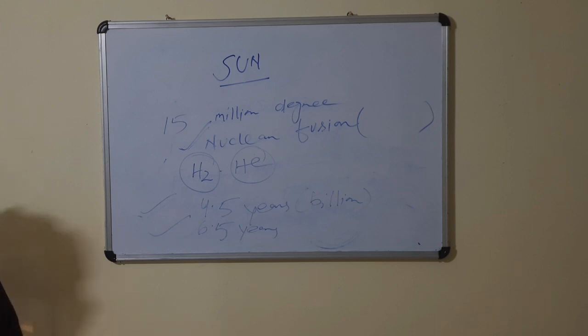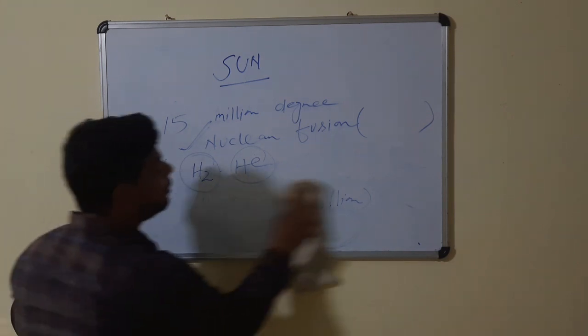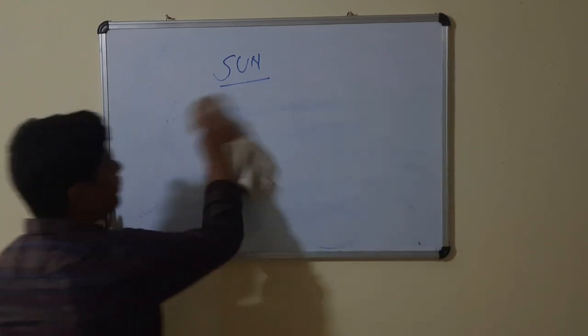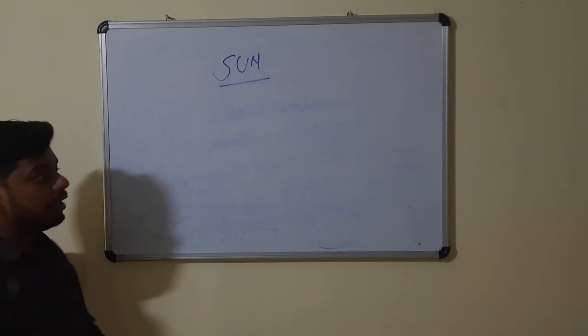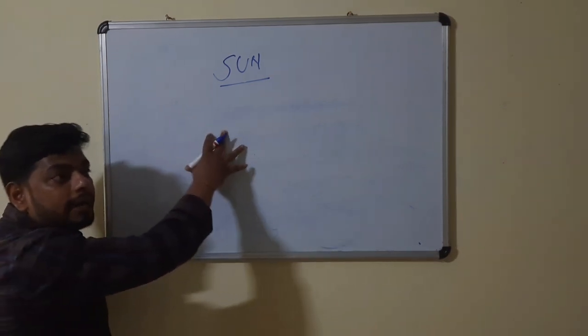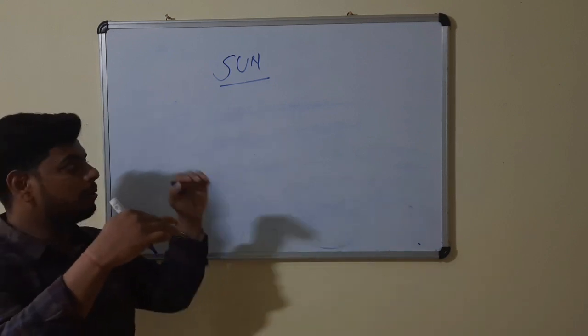The sun is well known for its size, mass, heat and light. Clear? In fact, due to the sun's gravity, all the other planets, asteroids, meteorites revolve and are in a static equilibrium, right?